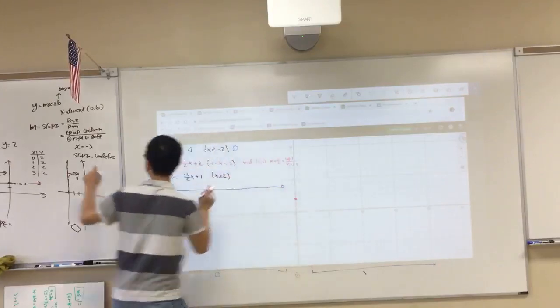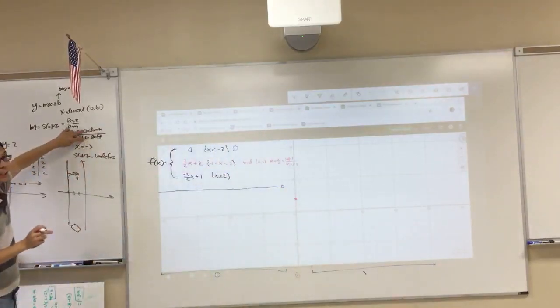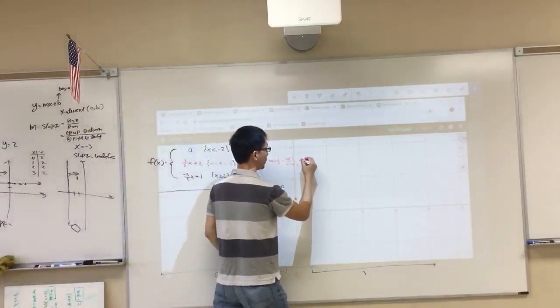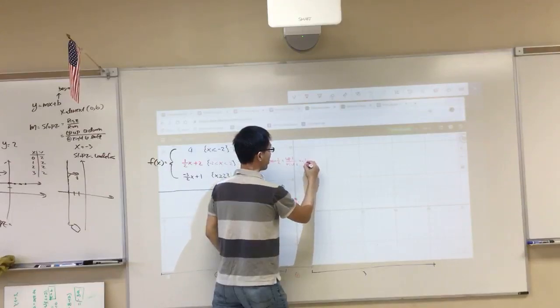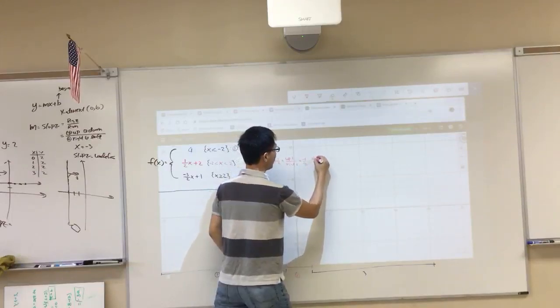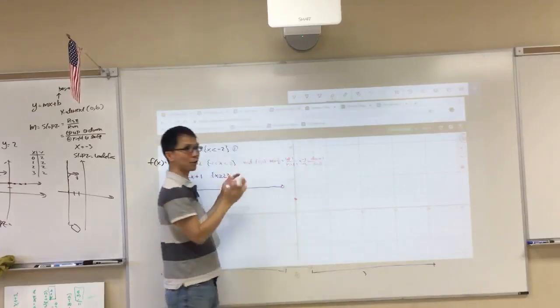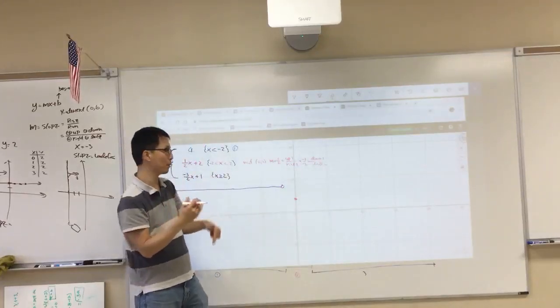Or they can be both negative also. What's negative over negative? Positive. So I can say up 1, right 2, or -1, -2, which is down 1 and left 2. Good. So it can be understood both ways.